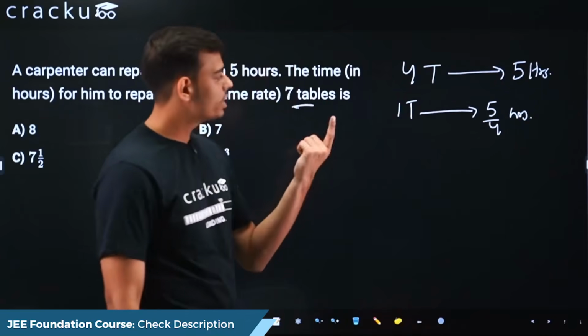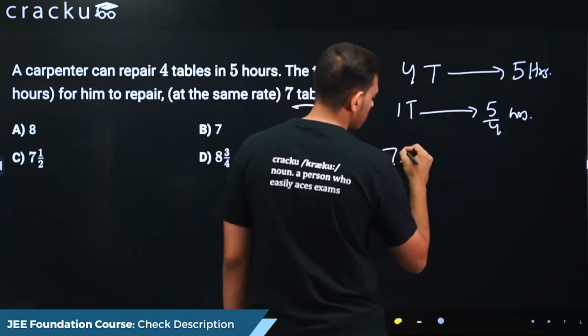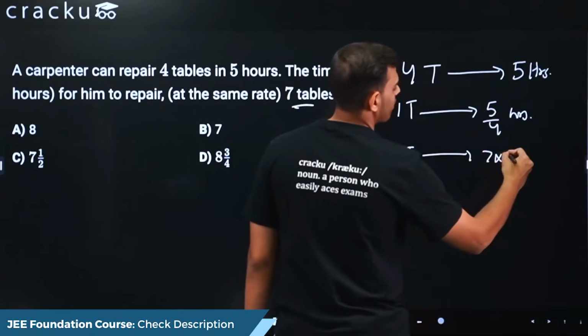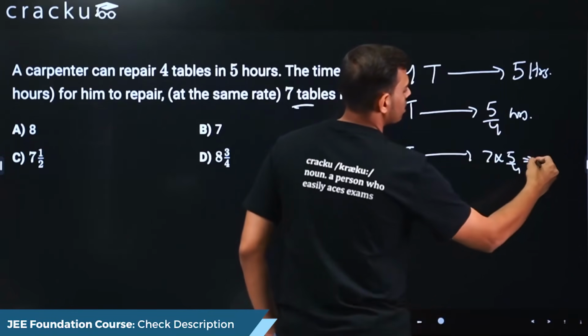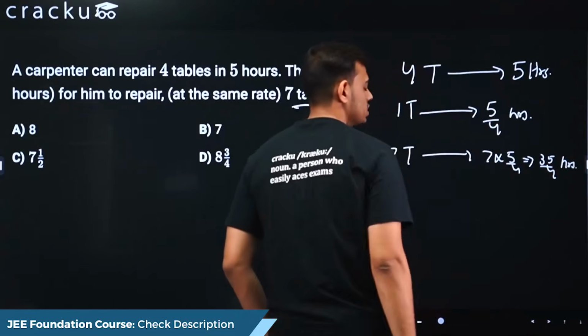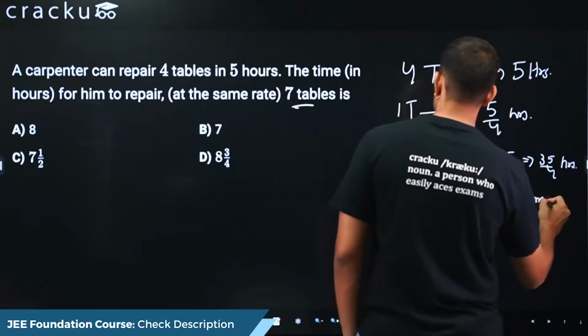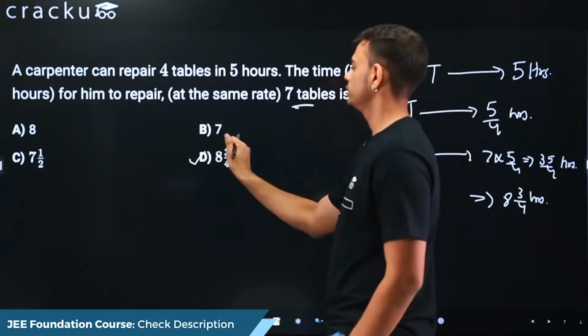Now, if 1 table takes 5 by 4 hours, 7 tables will take 7 multiplied by 5 by 4, which is 35 by 4 hours, which is 8 and 3 by 4 hours. Answer is option D.